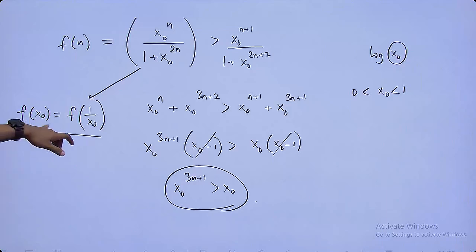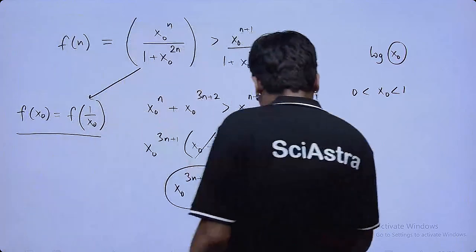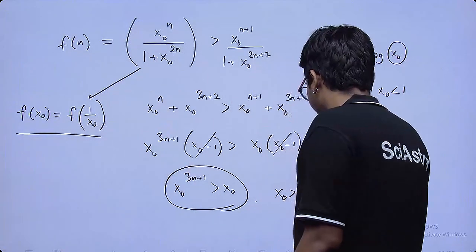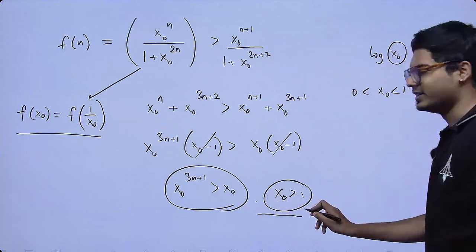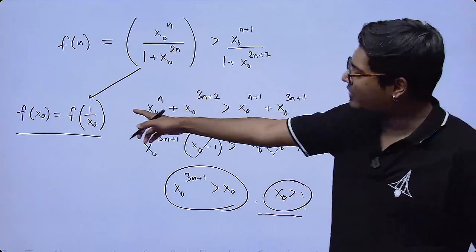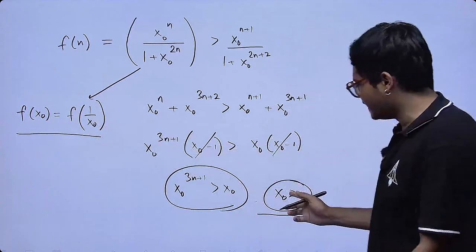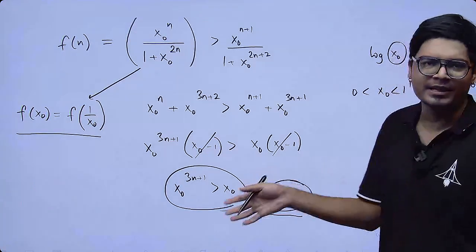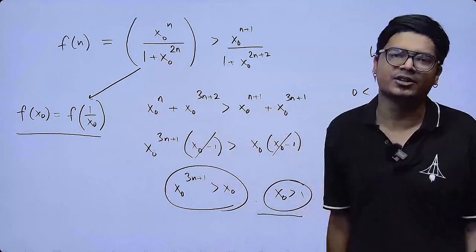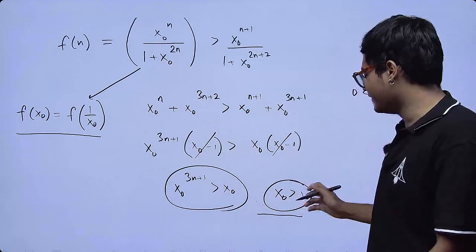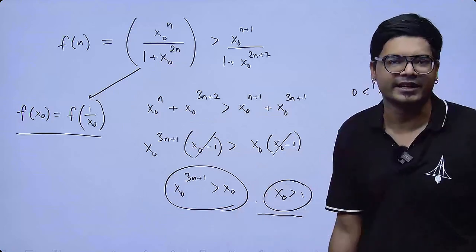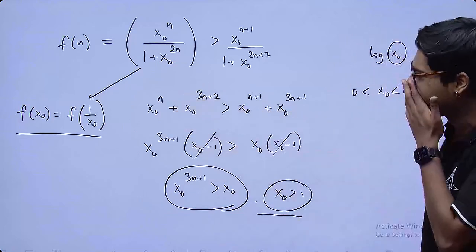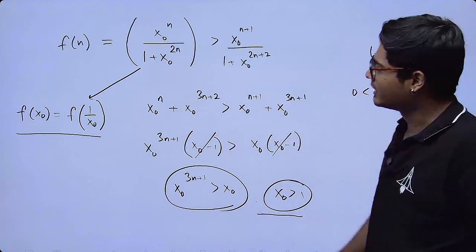Which means even we know that it's going to be increasing for x naught greater than 1. We know this. But f of x naught is equal to f of 1 by x naught, right? Which means even if I have a number that's a fraction, I can just replace it with 1 by x naught. So if it's increasing for greater than 1, it should also be increasing for numbers less than 1, right? Yeah, okay. This argument works. We just needed this. Fine. So we get this, okay?